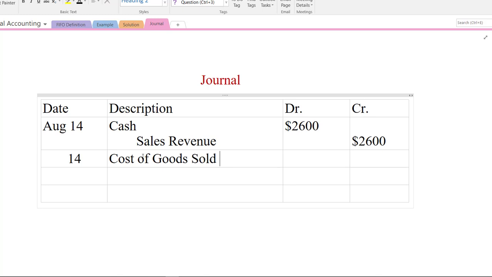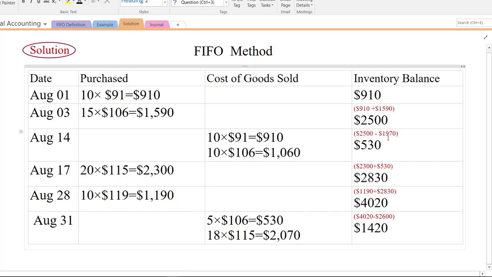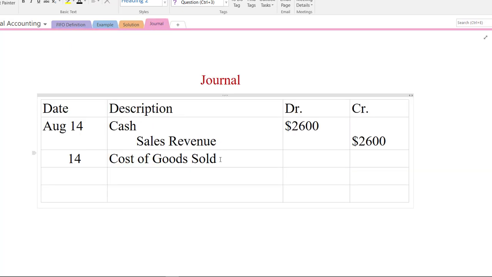Now, students, as you all know, cost of goods sold is a kind of expense, right? Every one of us knows that all expenses and losses are debit. So how much is the cost of goods sold? The cost of goods sold is 1,970.